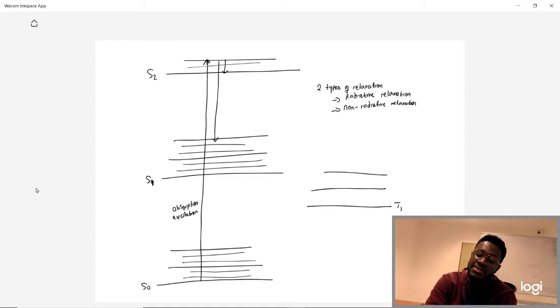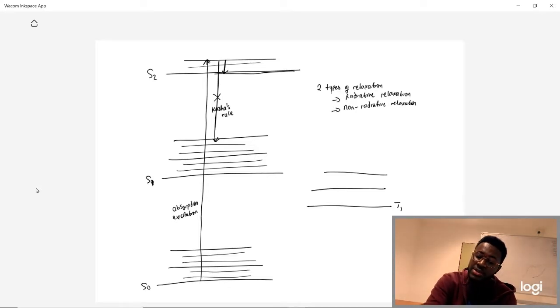Because this violates Kasha's rule. Kasha's rule says that when you're relaxing, you have to relax to the lowest energy level of that singlet state before you can relax any further. So you cannot relax straight from here all the way to here. That is wrong.